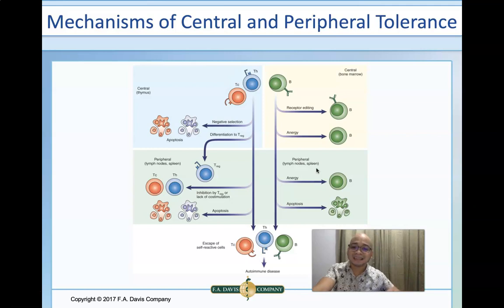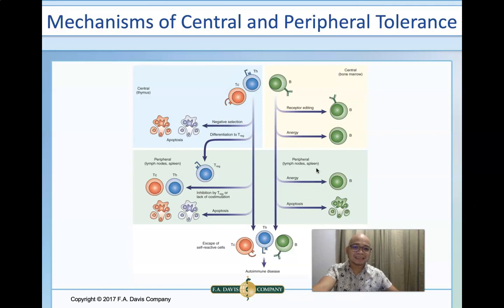However, some of the cells may still escape. So the second protective mechanism, peripheral tolerance, involves inhibition by Tregs or lack of co-stimulation, so that they will no longer react to self-antigen, and also apoptosis.